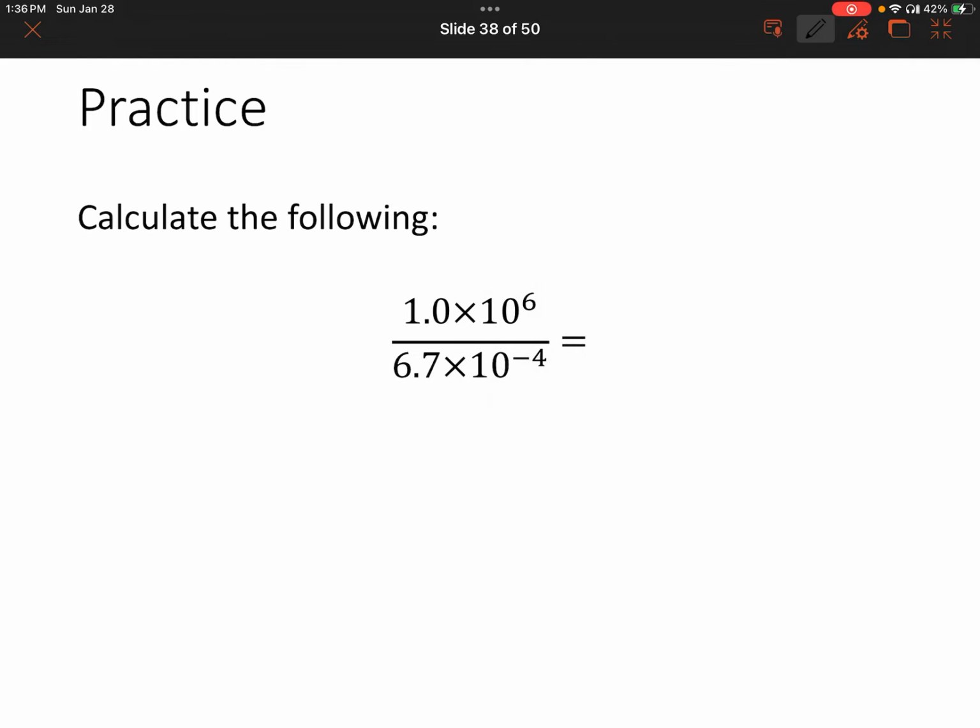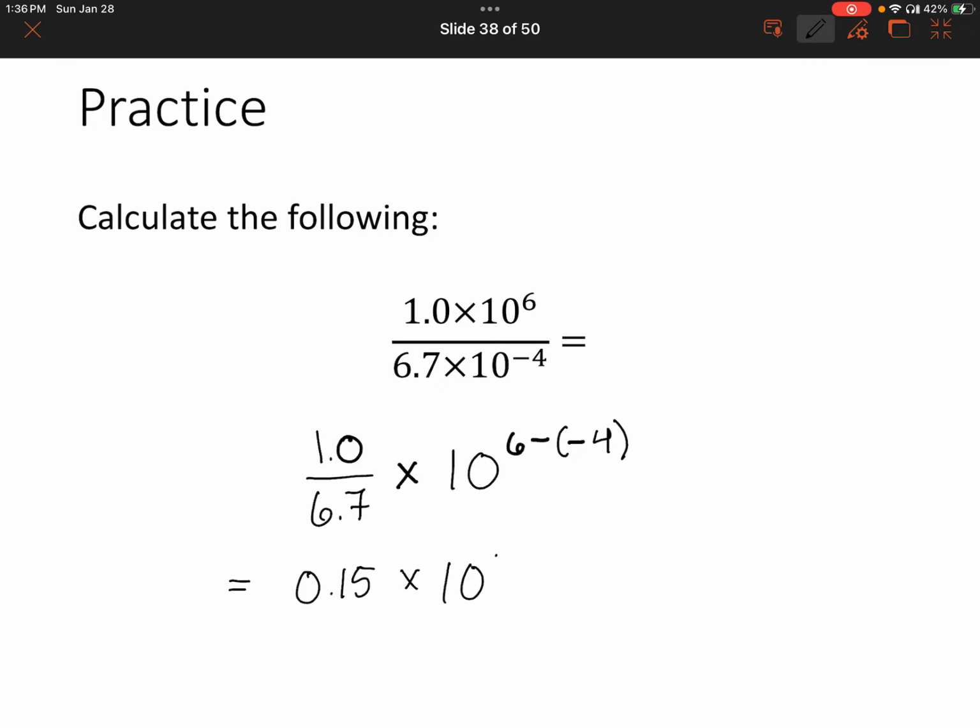Okay, so again, we're going to divide the coefficients. So we'll divide 1 by 6.7, and we're going to subtract -4 from 6. So if you plug in 1 divided by 6.7, we get 0.15, and then 6 plus 4 is 10.